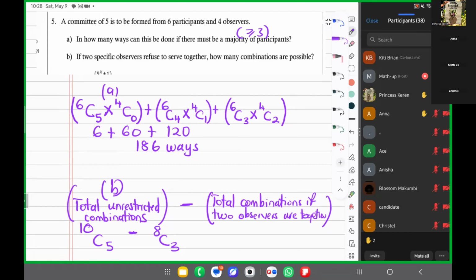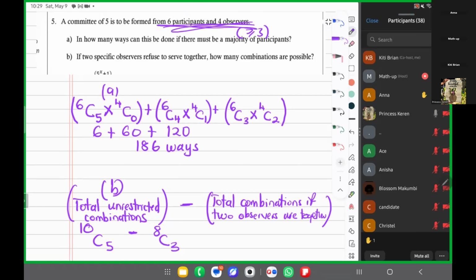The second thing is, for part B, I need a little explanation. Will you pardon why you're subtracting, please? Okay. So for part B, I first of all considered forming that committee of 5 out of my pool of 10 people. That's what I called unrestricted combinations.